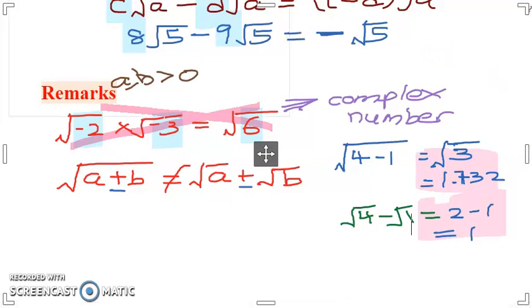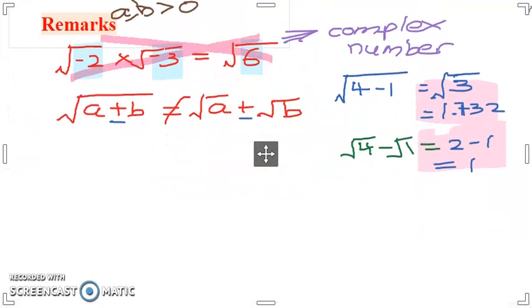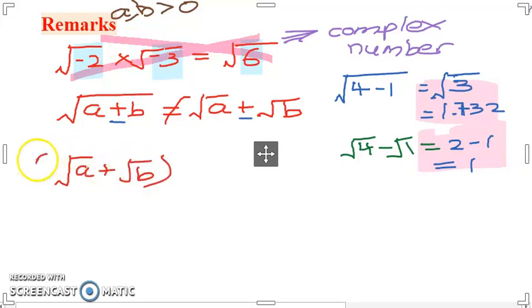Another thing you need to be aware of, and this one is important because you will encounter it in chapter 2 on equations: if I have square root of a plus square root of b, and I square it, the answer will never be the same as a plus b.